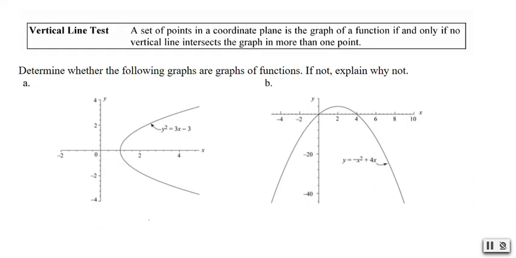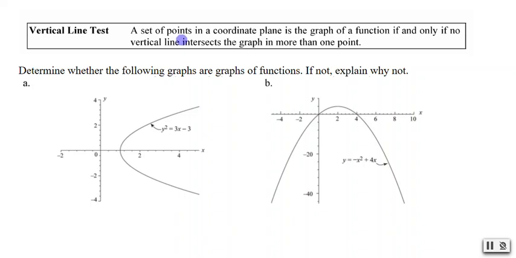And the vertical line test is a nice visual way to see if a relation is a function. If it's already graphed for you, you can use this and see if you determine if it's a function or not. So we have part A here. We need to know if this is a function or not.